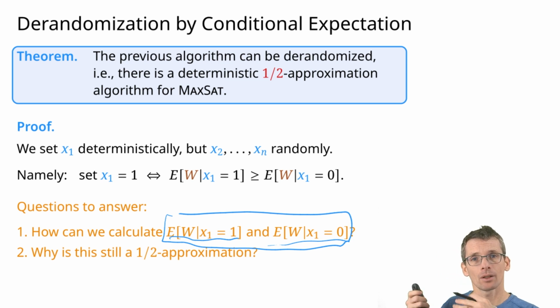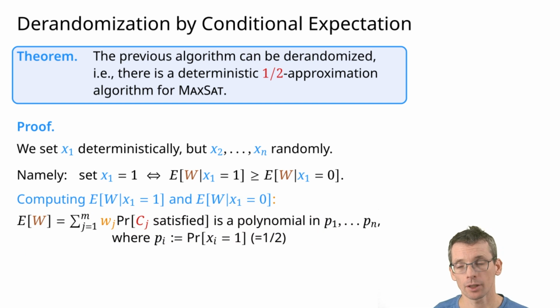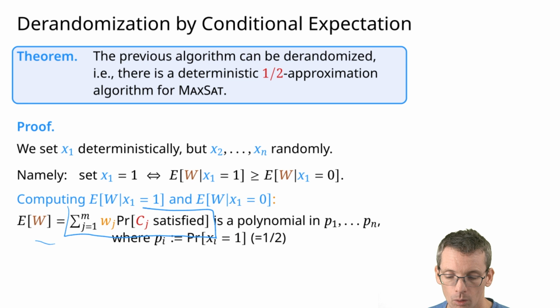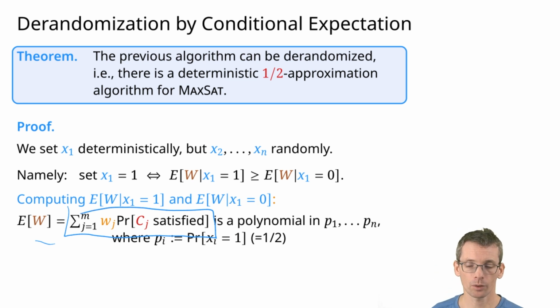So let's look at the expected value of W, which we know is the following: the sum of small wj times the probability that Cj is satisfied. And we can see this as a polynomial in p1 to pn.